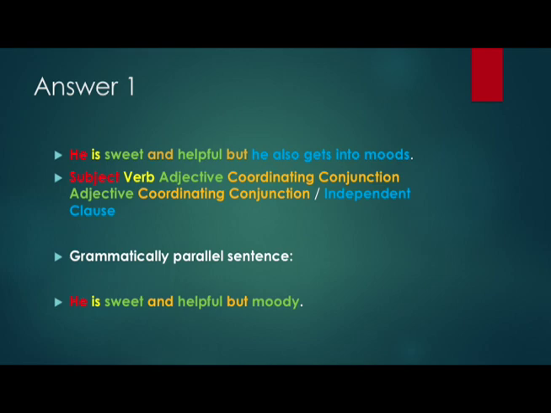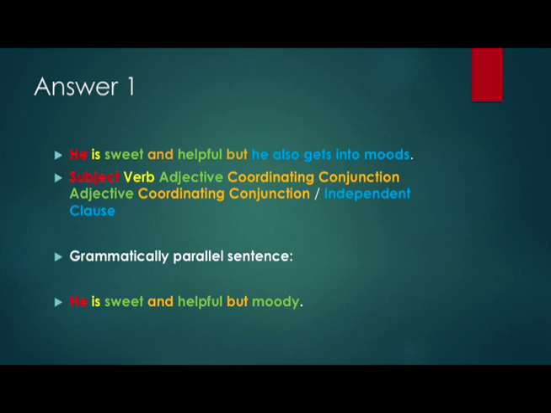So he is the subject, is the verb. We have an adjective, sweet, then the coordinating conjunction, and. We have another adjective, helpful, then the coordinating conjunction, but, and then we have this independent clause. He also gets into moods.